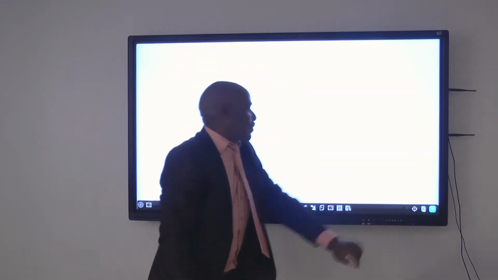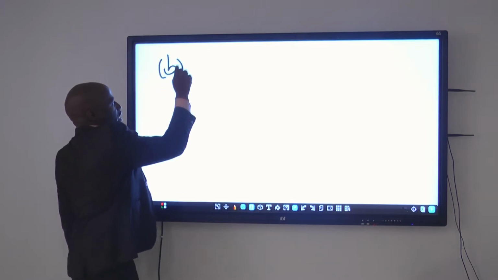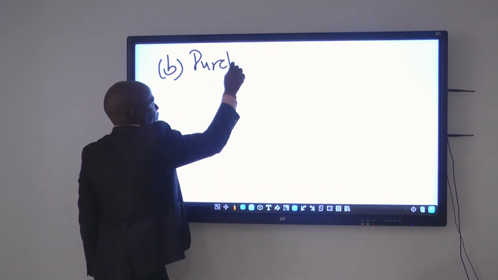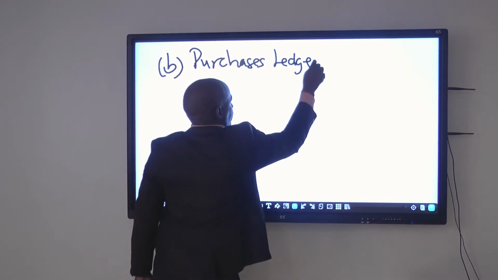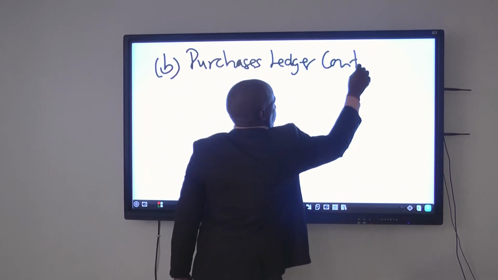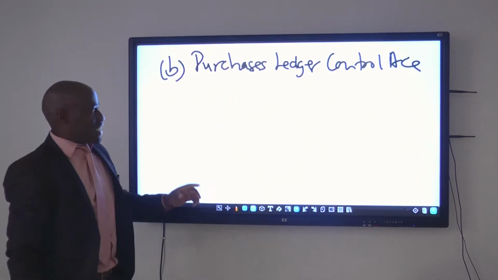Now, after the sales ledger control account, we also have the purchases ledger control account. What does it do?